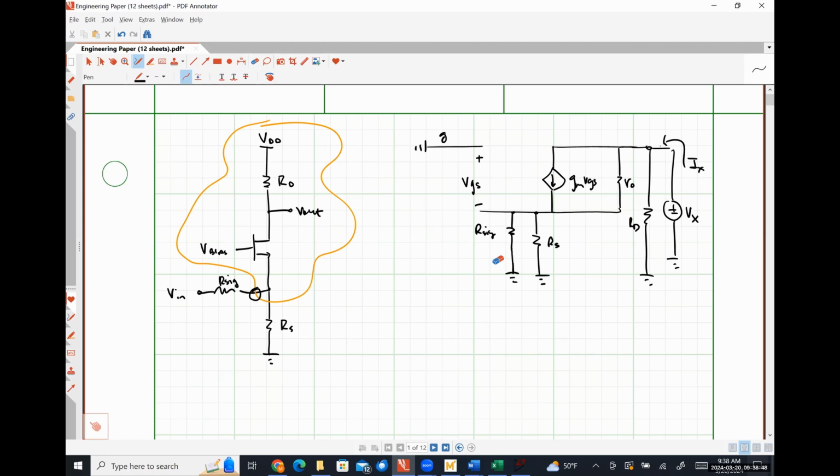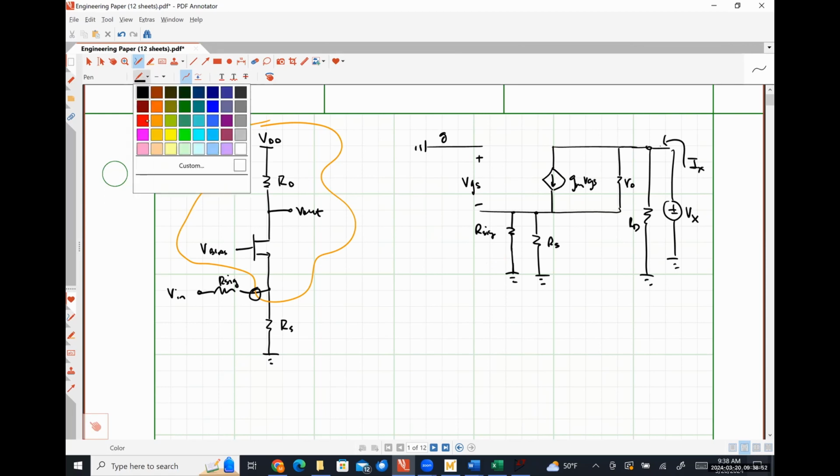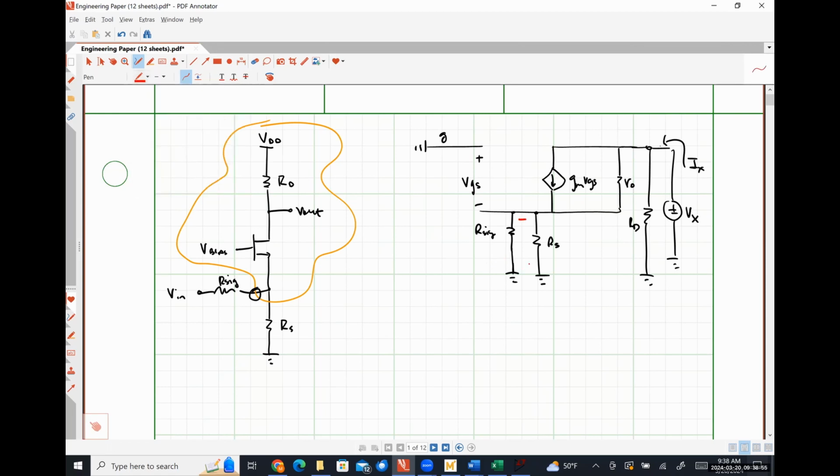And I'm saying VGS is no longer 0 because I can see very easily that the voltage drop across those two resistors in parallel is actually where VGS is. So the output resistance of this particular circuit looks the exact same as the output resistance of a common source amplifier with emitter degeneration, which is what I mentioned in my email specifically.